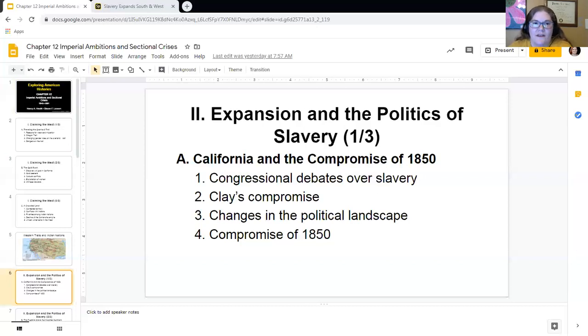We are allowing popular sovereignty, so the individual territories, when they apply for statehood, will get to decide if they are going to be slave or free states, and this new Fugitive Slave Act. Those things sort of temporarily resolve the issue. But maybe most importantly, what they do not do is settle the question of slavery. So slavery is still a very, very divisive issue.